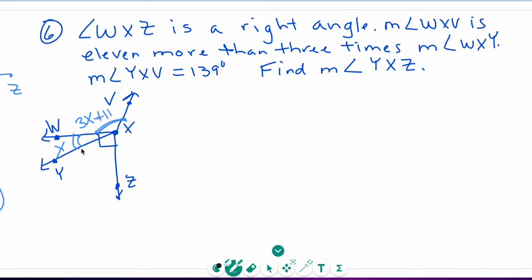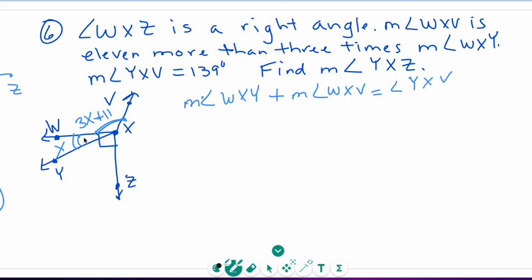And then I know that the measure of YXV is 139. So I'm going to write my geometric statement that says the measure of angle WXY plus the measure of angle WXV is going to equal the measure of YXV.